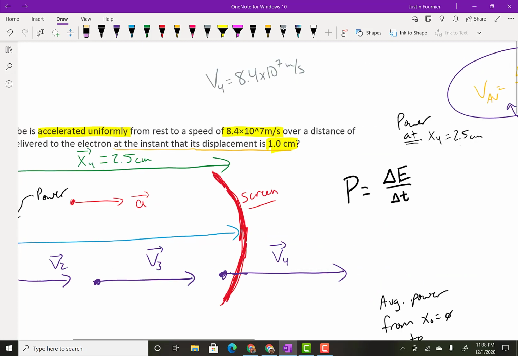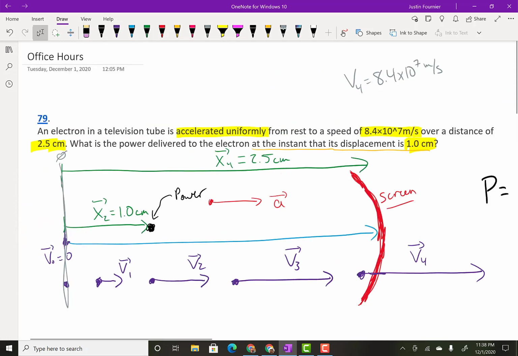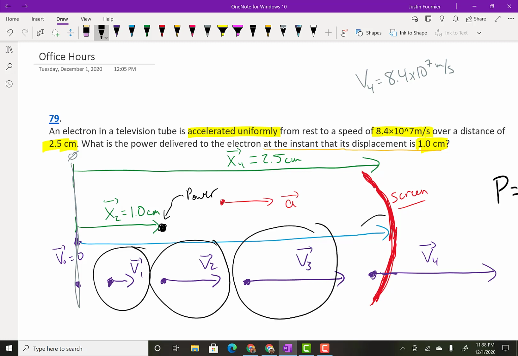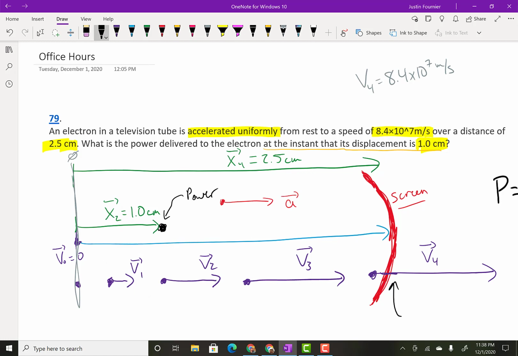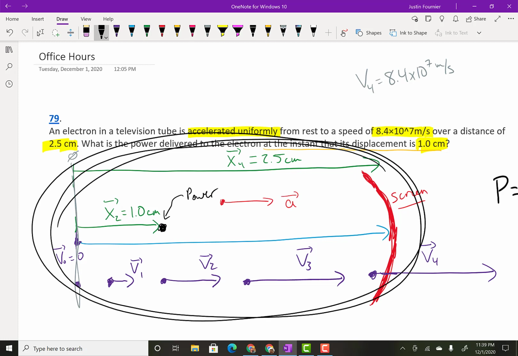The rate of change of energy, which is power, so I could even say dE/dt, is going to change as well. So the power here is going to be smaller than the power here, which is going to be smaller than the power here. So the power is going to keep getting bigger and bigger before it runs into the screen.